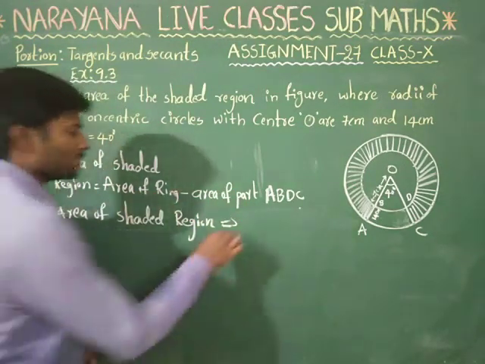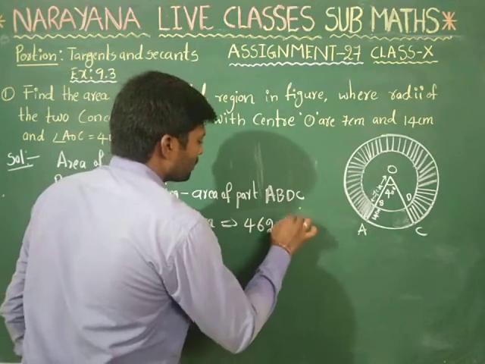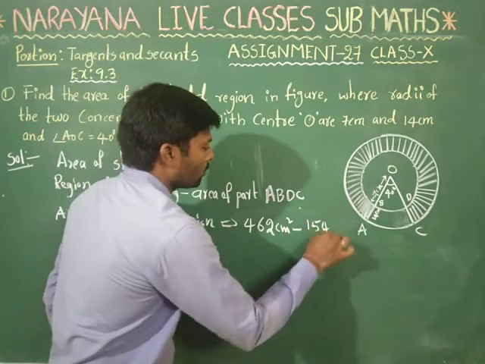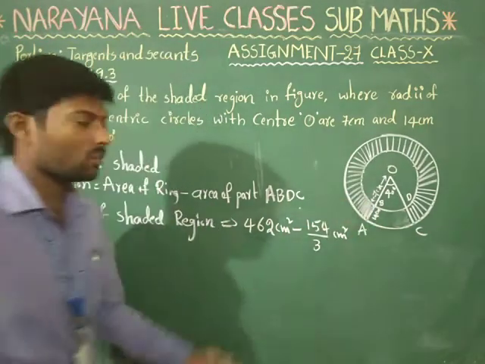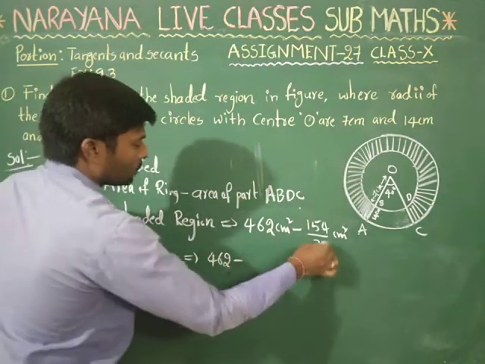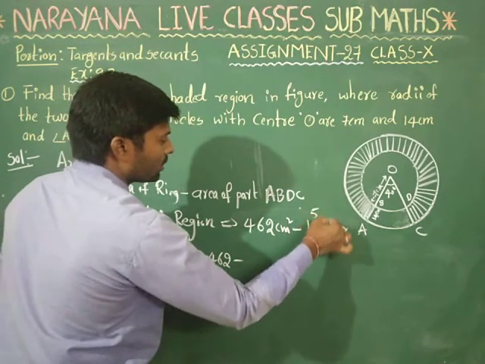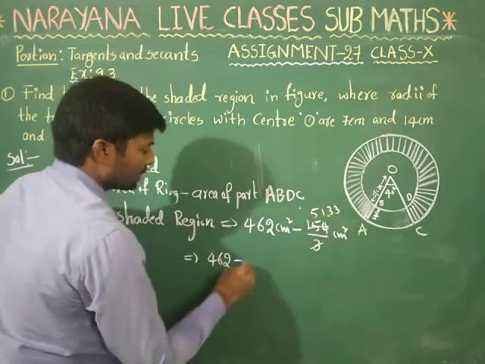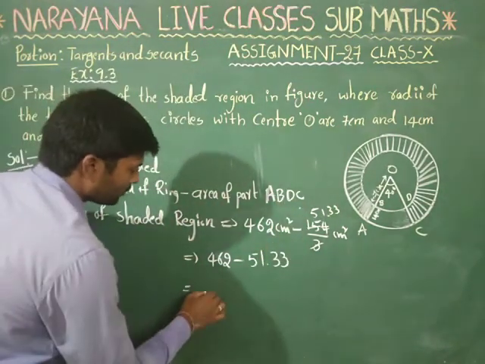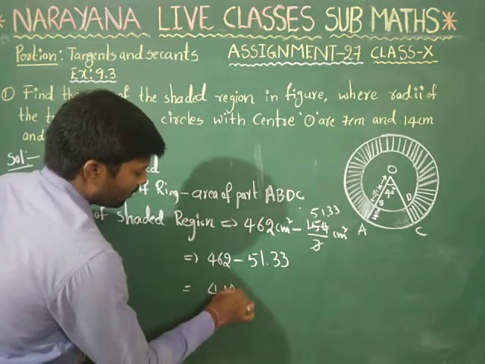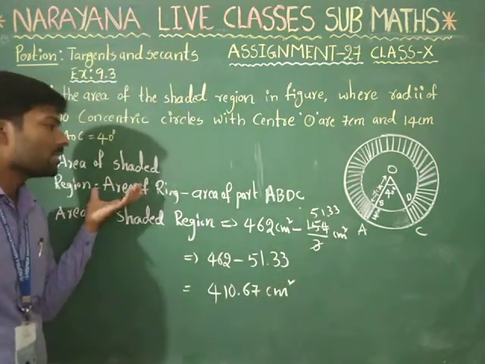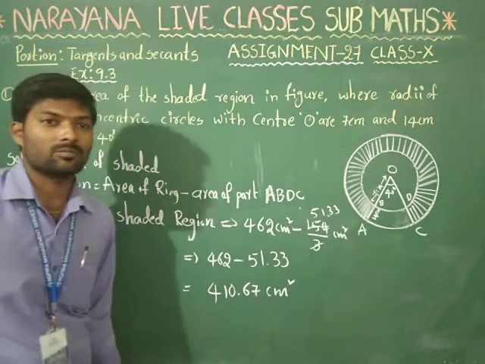The area of the shaded region is 462 square centimeter minus 154 upon 3 square centimeter. 154 by 3 is 51.33, and the difference of these two is 410.67 square centimeter. So this is the area of the shaded part, which is in the form of a ring.